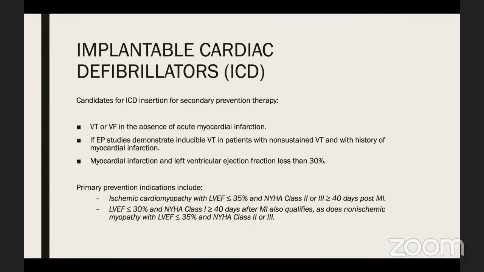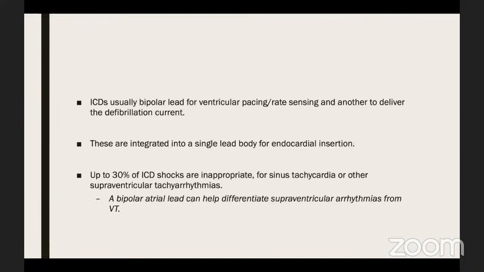Primary prevention indications include ischemic cardiomyopathy with left ventricular ejection fraction less than or equal to 35% with NYHA class 2 or 3, less than 40 days post-MI. Left ventricular ejection fraction less than 30% with NYHA class 1 with more than 40 days after MI also qualifies for primary prevention.